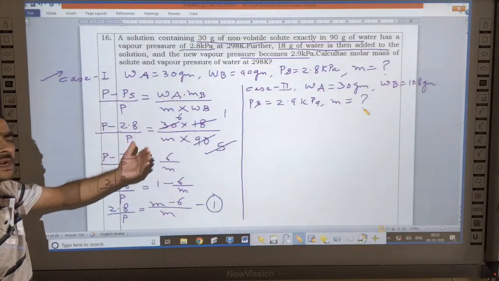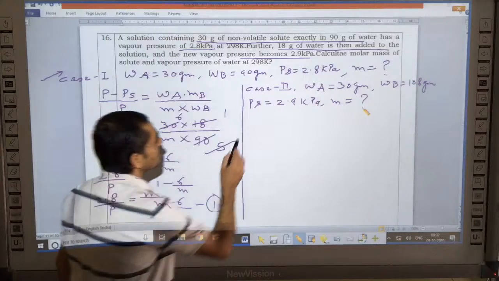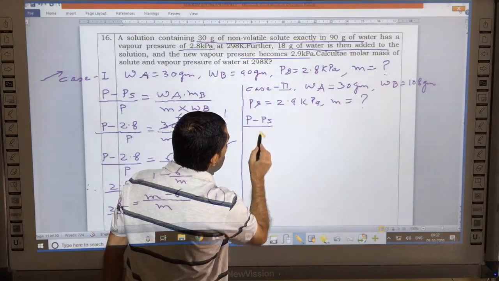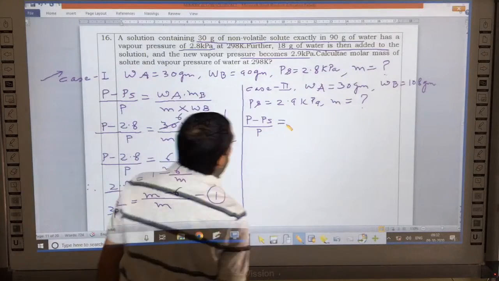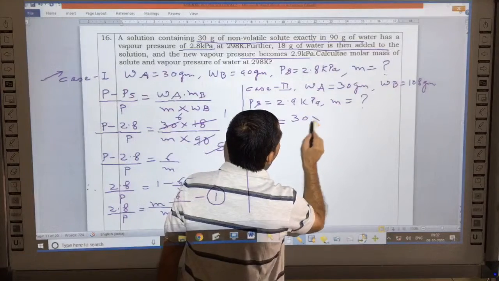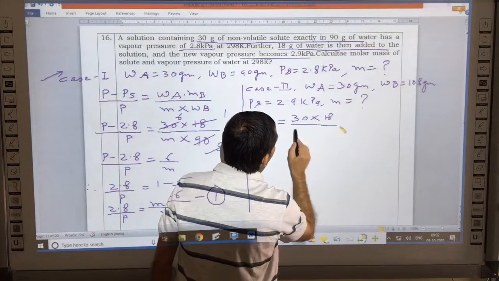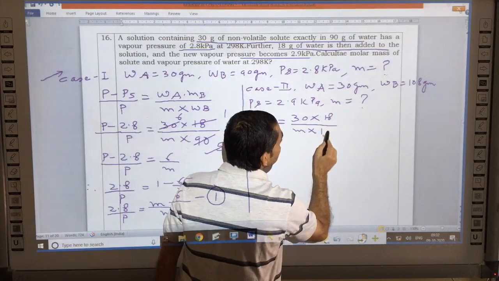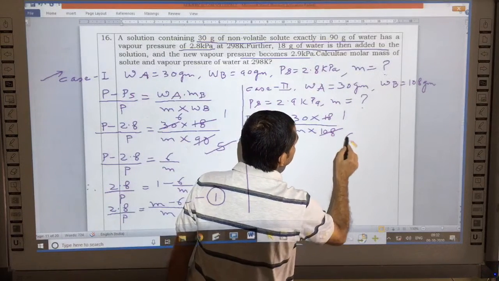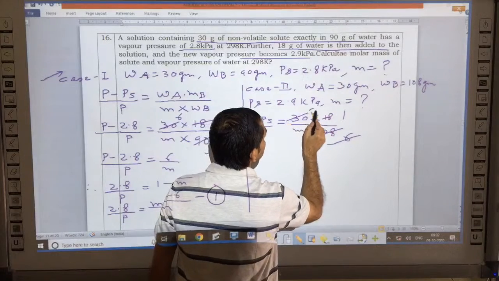Similarly, you make another equation from that case 2. What will we get? P minus PS upon P will be equal to 30 into 18 upon M into 108. So 18 1 ja, 18 6 ja, 6 1 ja, 6 5 ja.